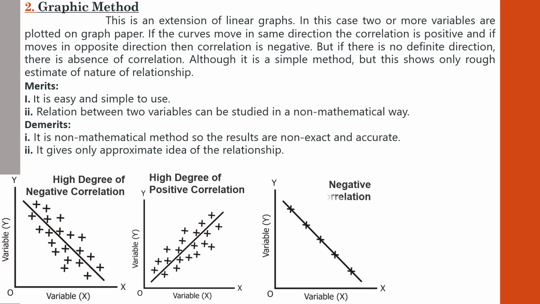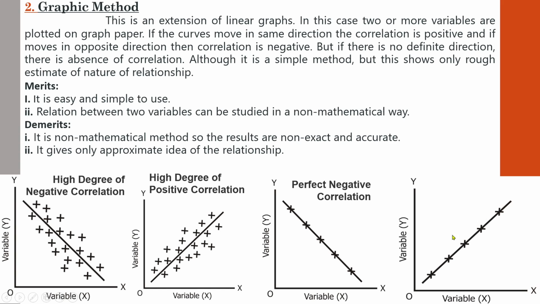So it is a case of perfect negative correlation. Why negative? Because it moves from left to right and is a downward moving curve. Then what will this one be? This one is a perfect positive correlation curve. So now we know what high degree of correlation is, what perfect correlation is, and how high negative and positive can be identified.